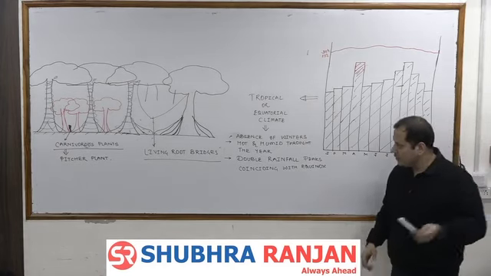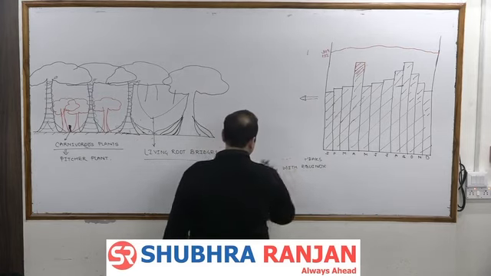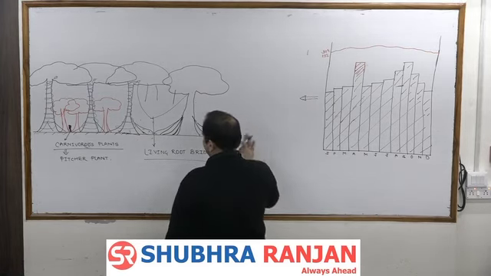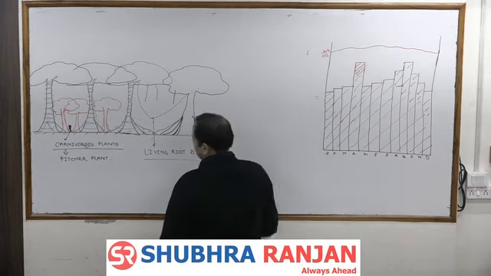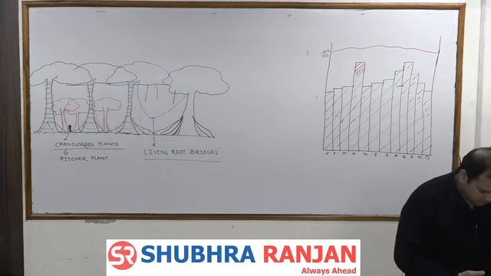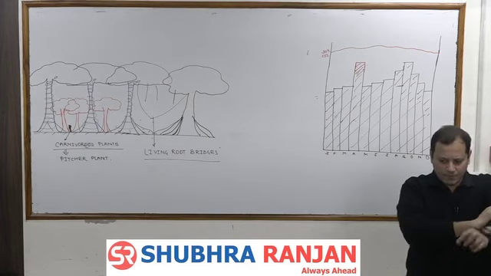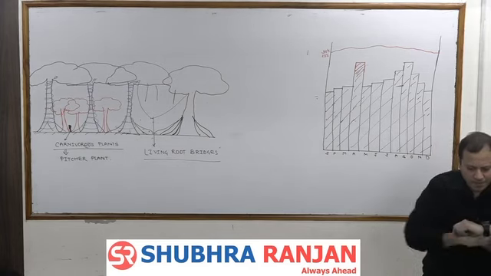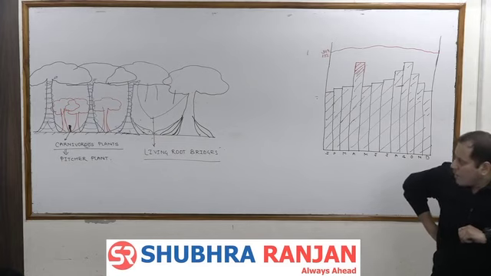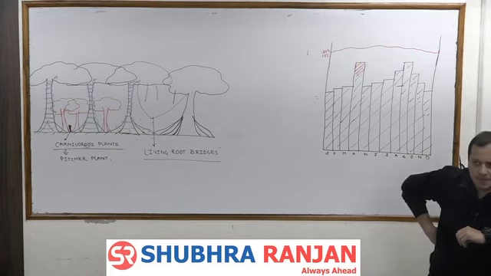The third is the layer of climbers, which take the help of big trees to capture sunlight.